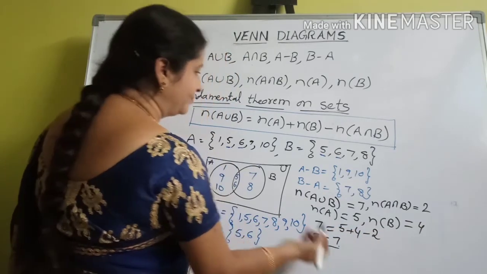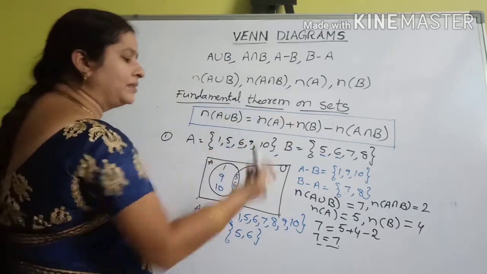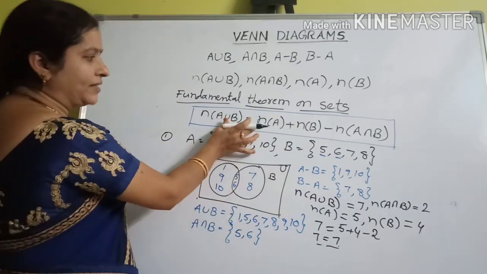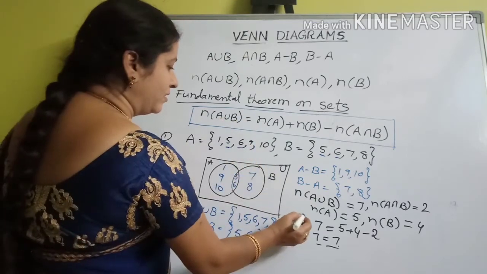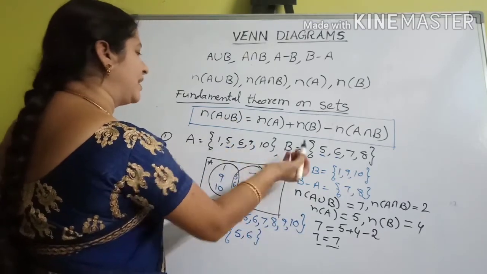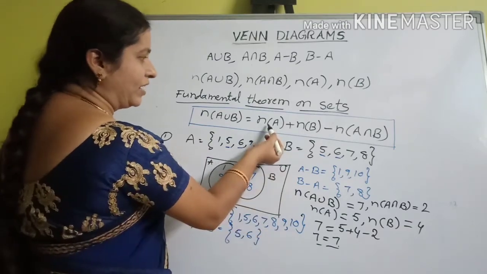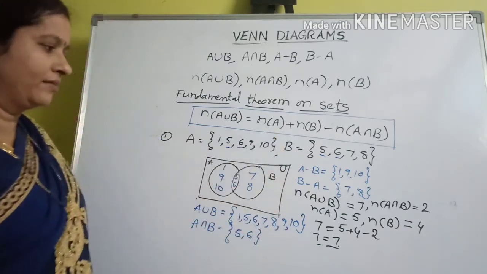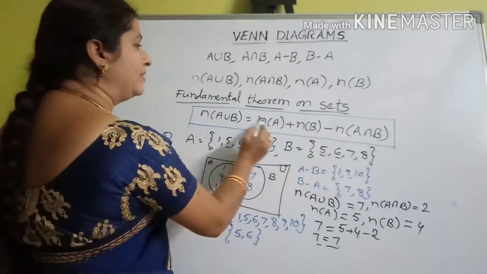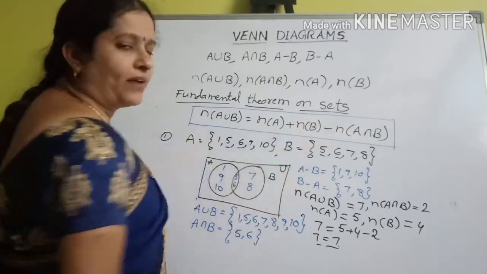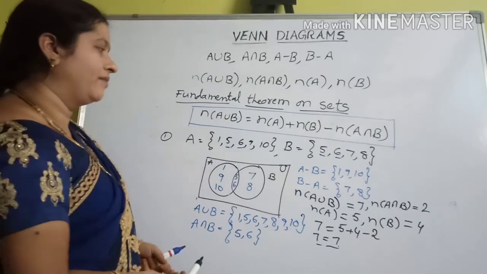So it is proved and the fundamental theorem is verified. If you take any two sets like this, the fundamental theorem is verified. Here 4 variables are there. If you have any 3 values, you can easily find the 4th variable value.